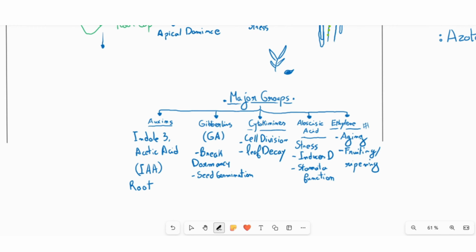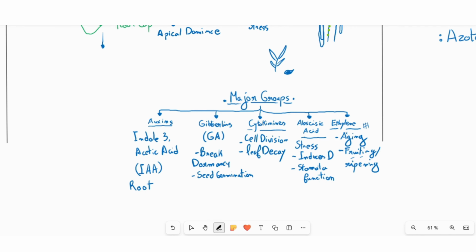So if a bacteria prevents aging, the fruit is not going to ripen. So when we see some fruits, they will just die before ripening, it's going to be due to these bacteria that prevent the production or degrade this phytohormone.